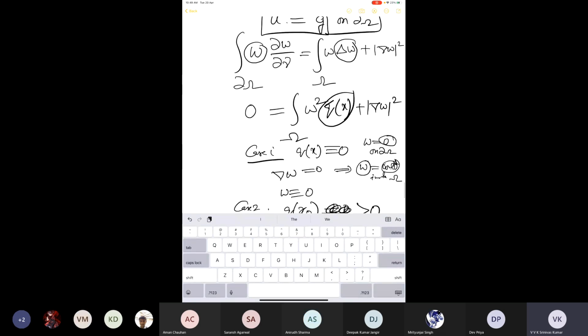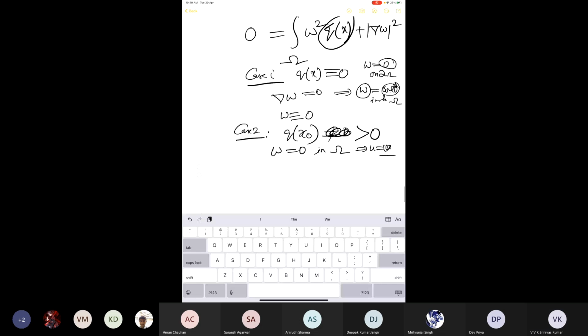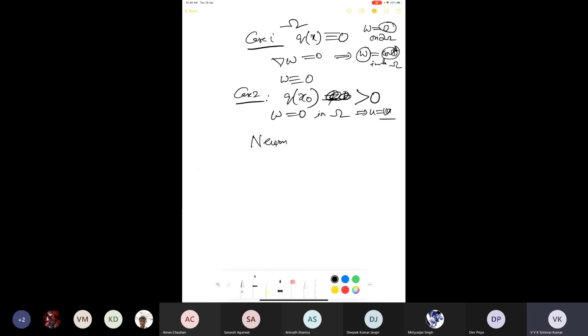Then we come to the Neumann problem, that is part B. Again, the Neumann problem is Laplacian of u equal to q(x) times u, with ∂u/∂nu equal to some g or h on the boundary.